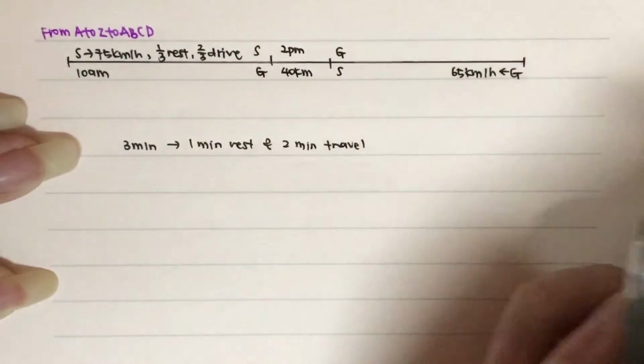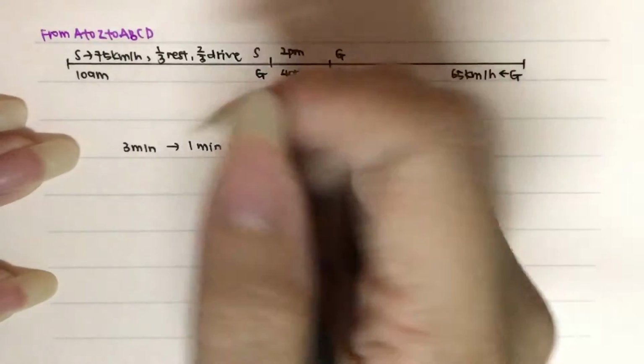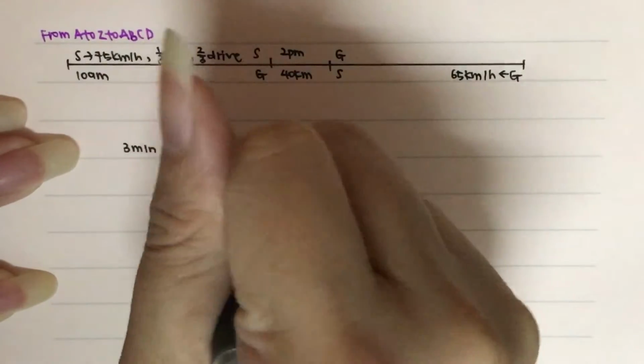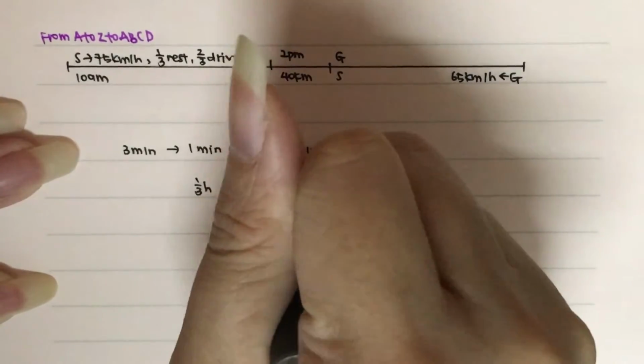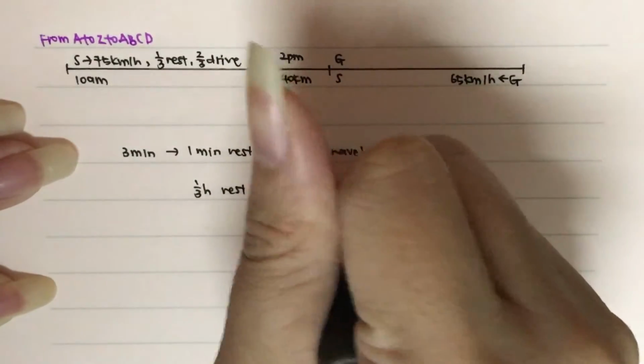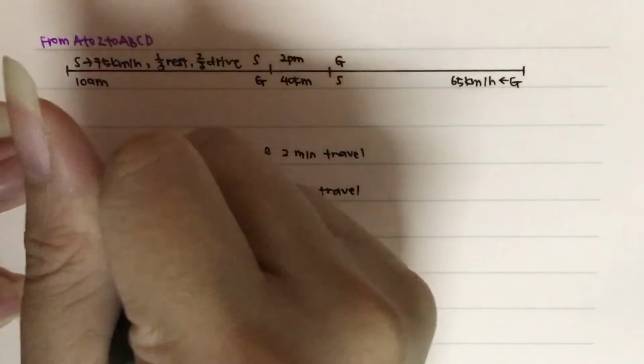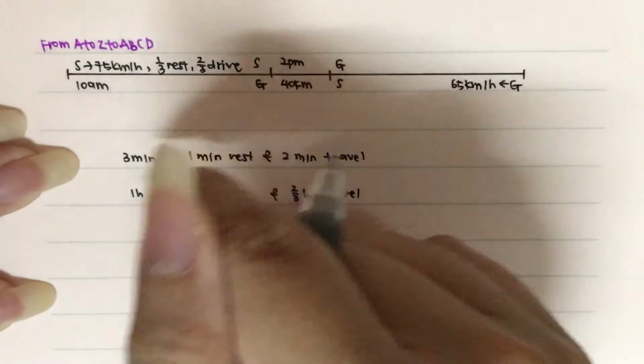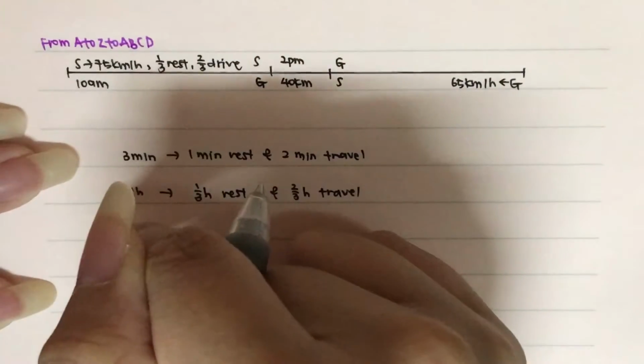Therefore, in simpler terms, it will be 1/3 of the hour for resting and 2/3 of the hour for travel. Okay, 1 hour. So 1 minute of 3 minutes is 1/3 of an hour.